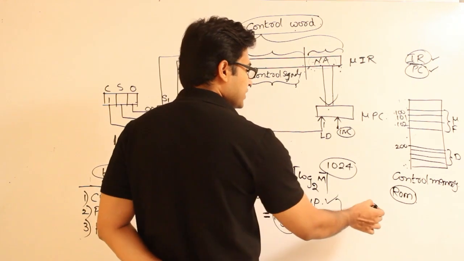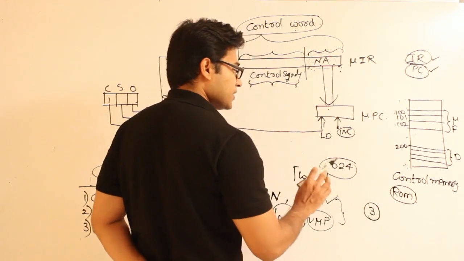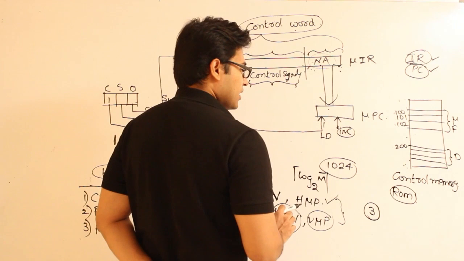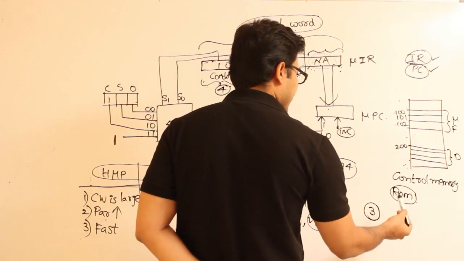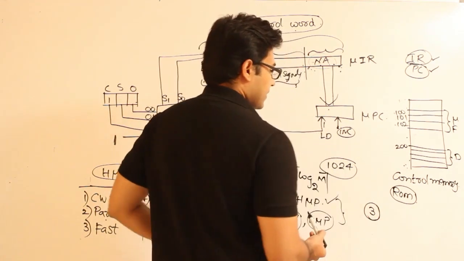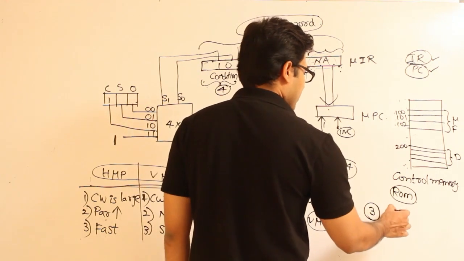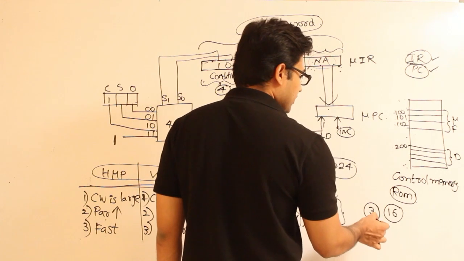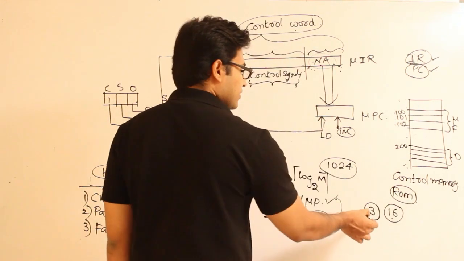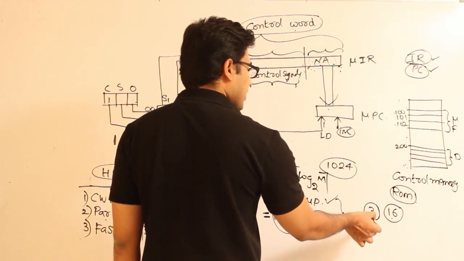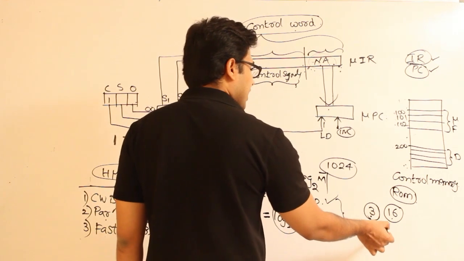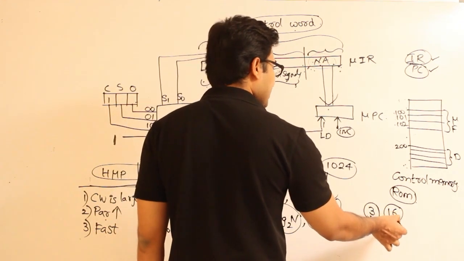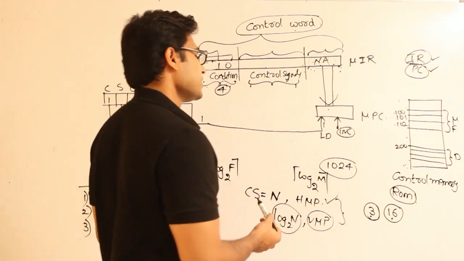sometimes all the 3 might be required at the same time in parallel, and there are 16 control signals. Totally there are 19 control signals, and 3 of which might be required at the same time, and out of the remaining 16 at any time only one of them is required.